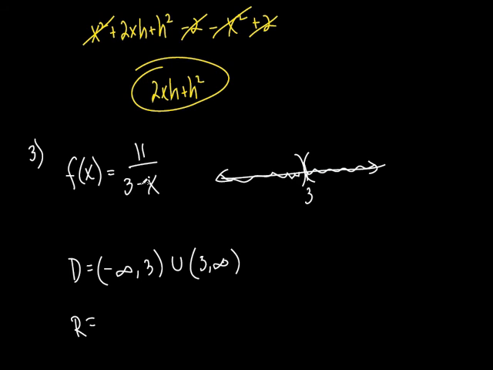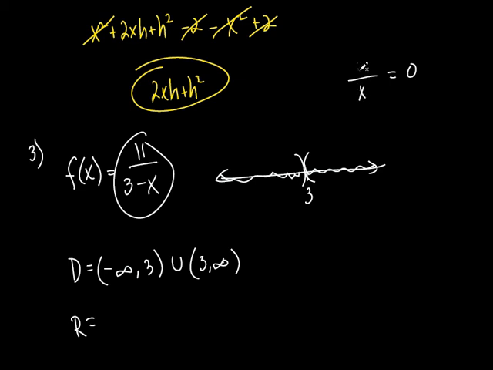The only thing that I can't get, what's the only number that this will never, never equal? 0, right. This will never equal 0. How do I know that? Because I got an 11 on the top. What's the only way a fraction could ever equal 0? Is it both numbers? Not both. What's the only way that I could get a fraction equal to 0? If what? This could be any number in the world, couldn't it?